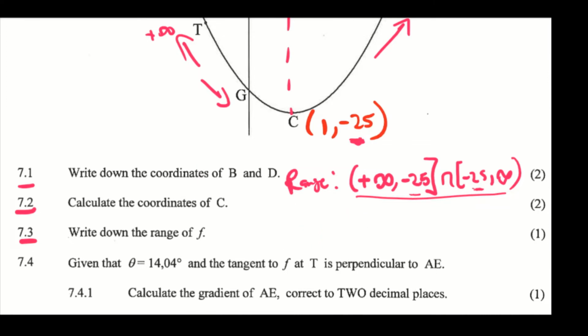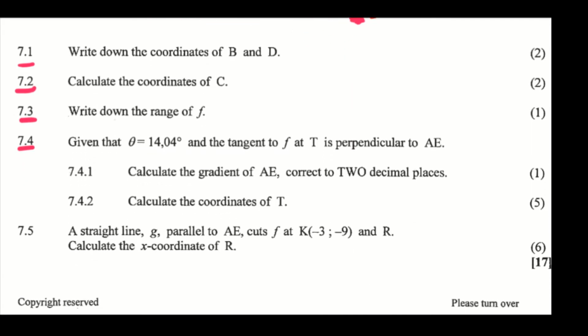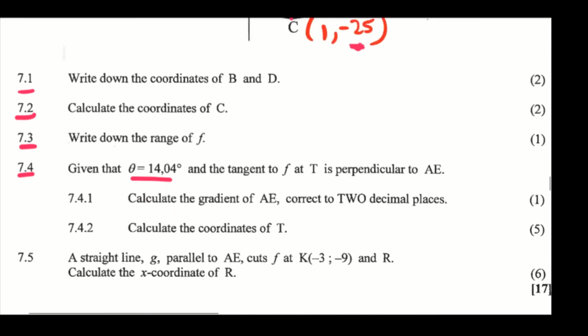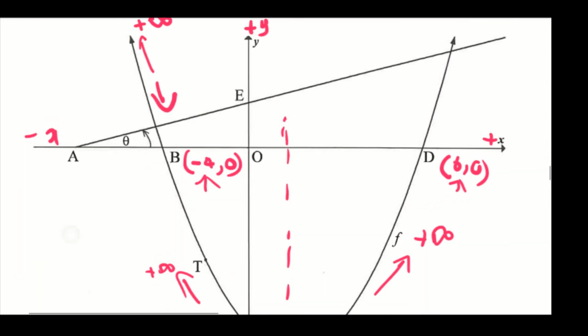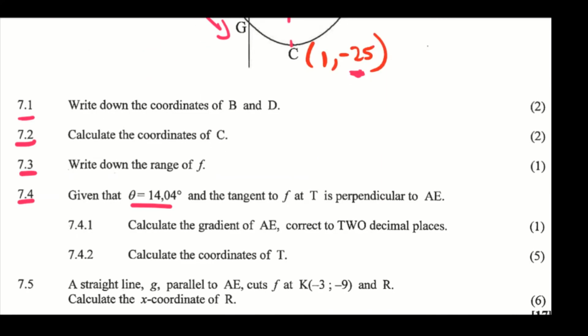Okay, so let me erase this. Now going to 7.4, we are given an angle of theta equal to 14.04 degrees, which is the angle of inclination here. And the tangent to f at T is perpendicular to AE.